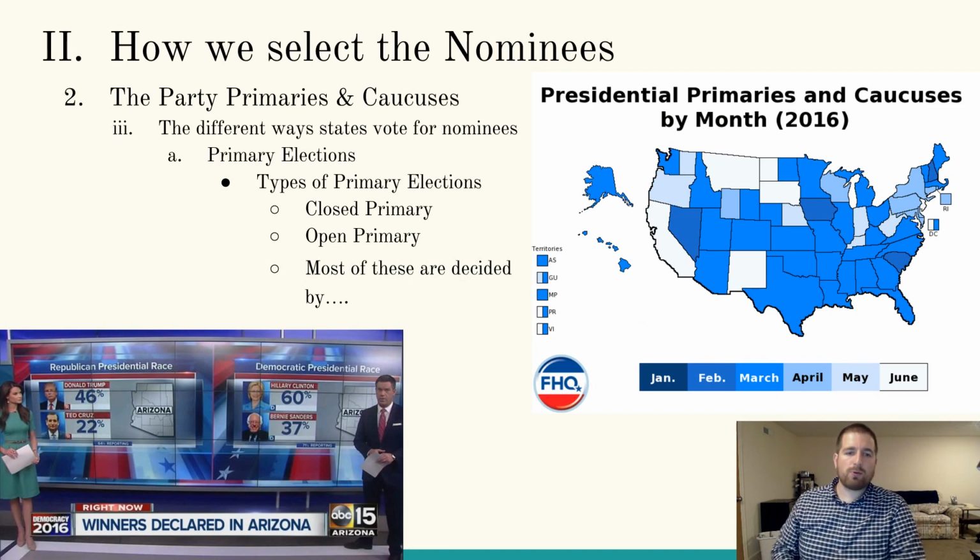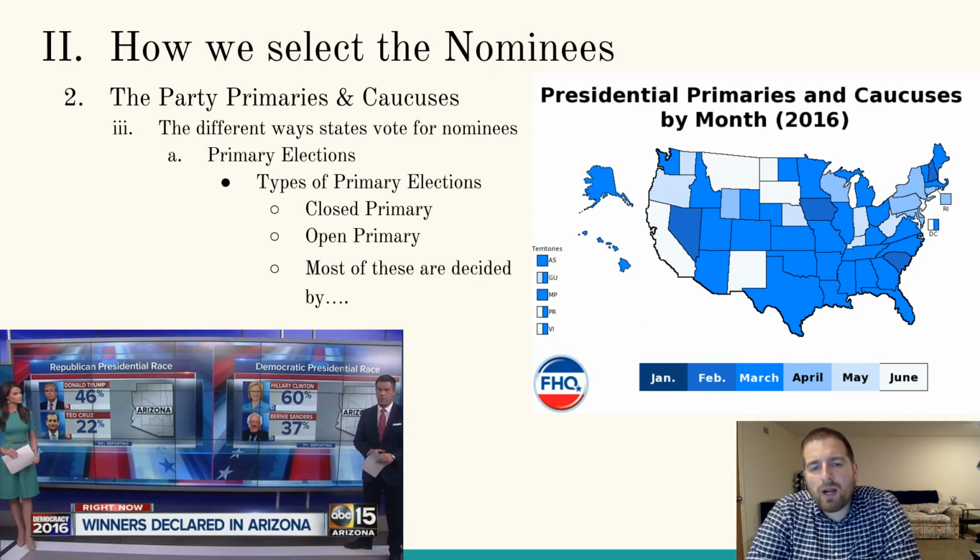So that's the difference between closed and open. In a closed primary, you have to be registered to that party to be able to vote in their primary. An open primary means you don't have to be registered in any party. You can vote for whoever you want in those primaries and vote for whichever party you want.